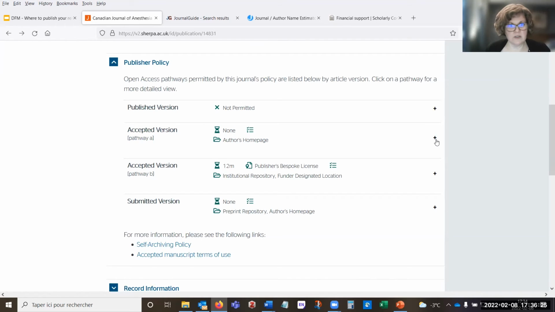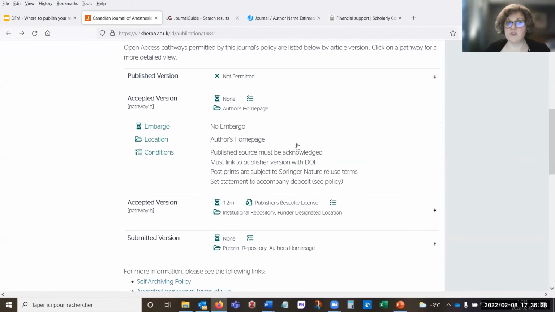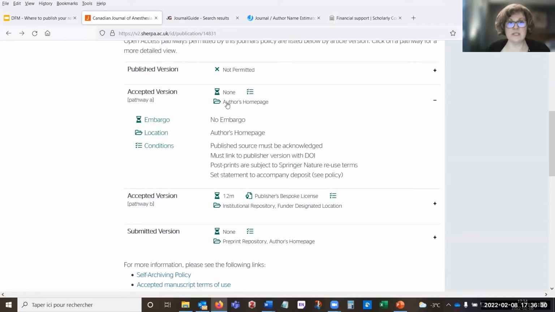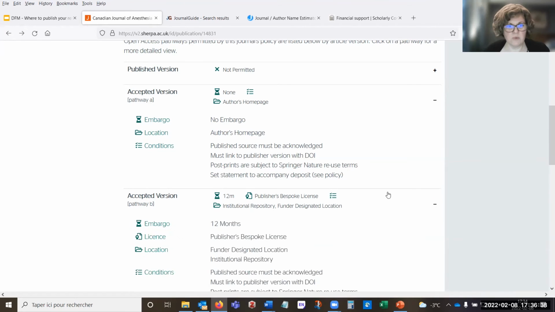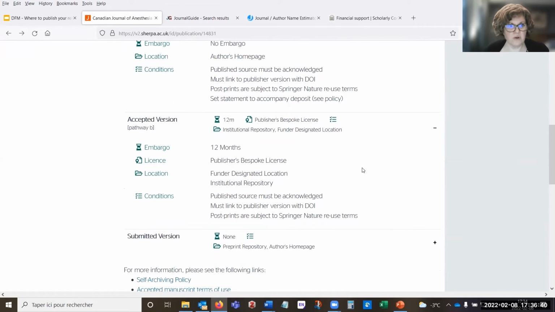Sorry, I'm just going to click on the little plus sign. There's no embargo. Oh, they say this one is specifically for the author homepage. Let's have a look. Okay, let's look at this one, which is more the one that I meant before. So the same thing, accepted version. It says 12 months embargo on any institutional repository.